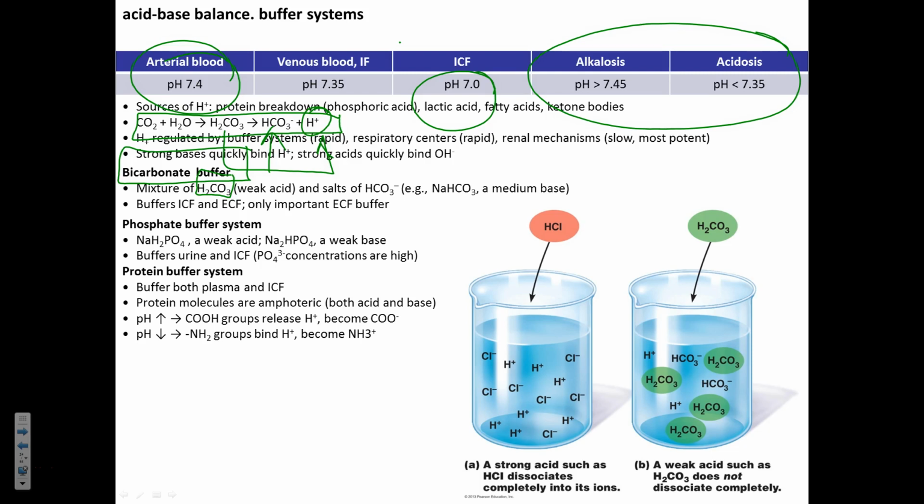If I were ever to write carbonic acid in solution as one molecule in the chemistry department, I would get an F right away. Just go home and study. From a chemical standpoint, that's wrong. It doesn't exist in this form. Okay? And bicarbonate is a medium to strong base.